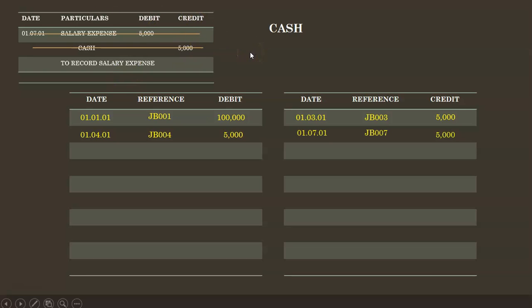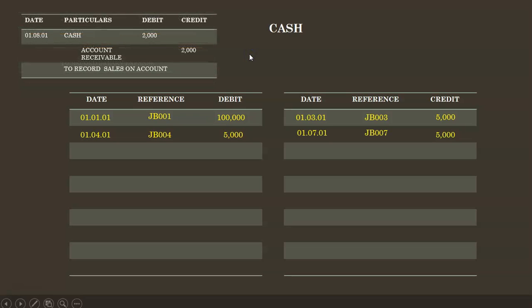Next, journal entry please. Okay, we have here the journal book entry number 8, 2,000 pesos cash debit. So we have to add here the date and your reference, and of course the amount, 2,000 pesos. Okay, we are done with this.